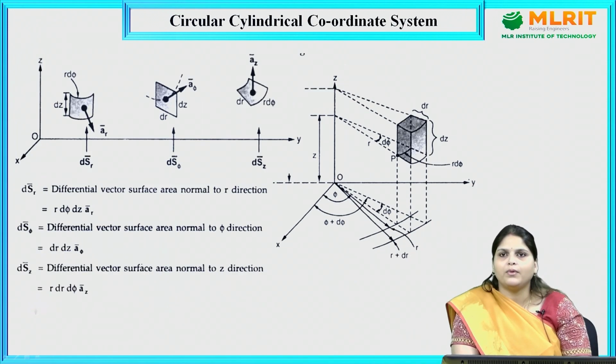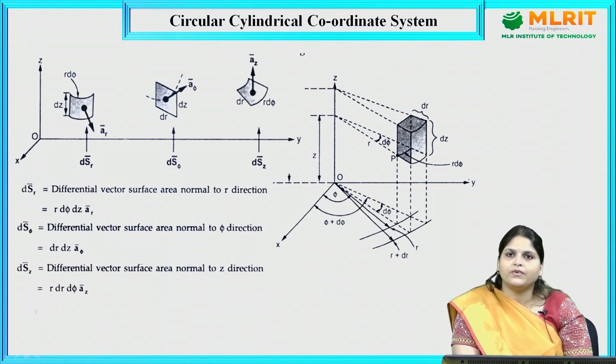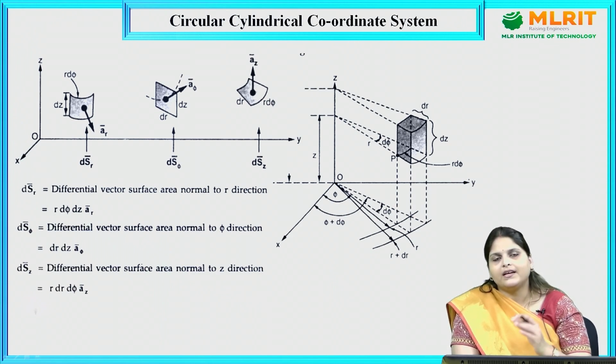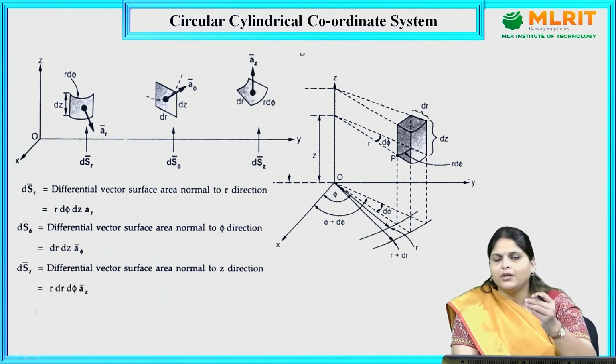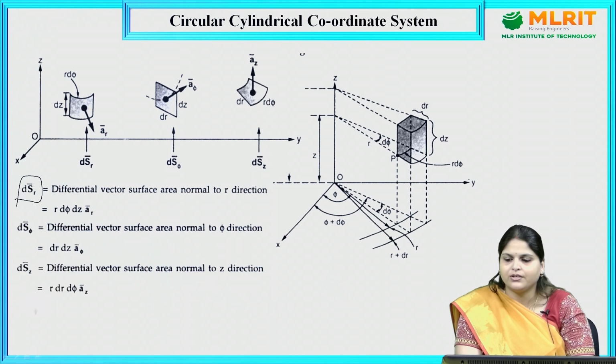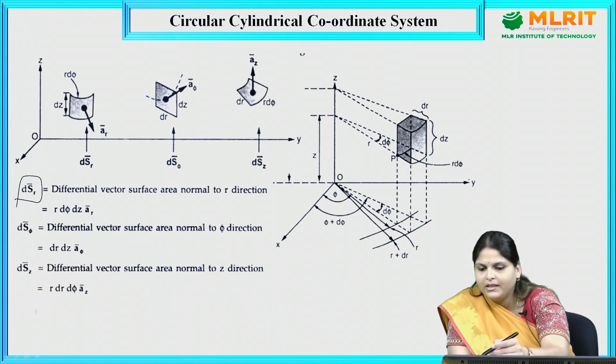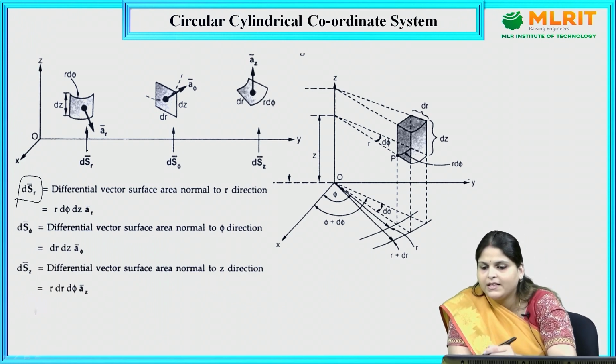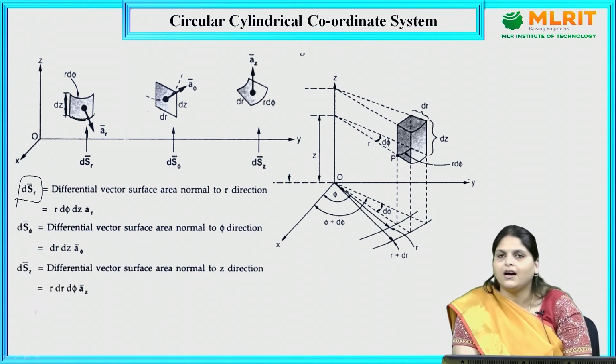Now let's talk about differential vector surface area. Just like the Cartesian coordinate system, here also we can find the differential vector surface area, which will be normal to a particular direction, right? If I want to find the differential area in r direction, this is our r direction, so the planes would be dz and this arc, r d phi.